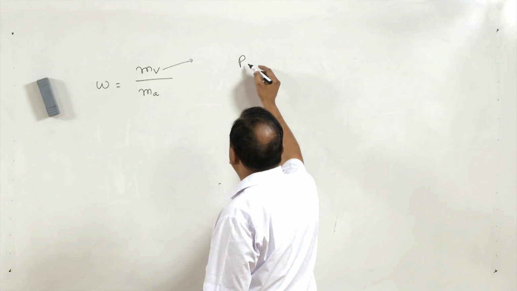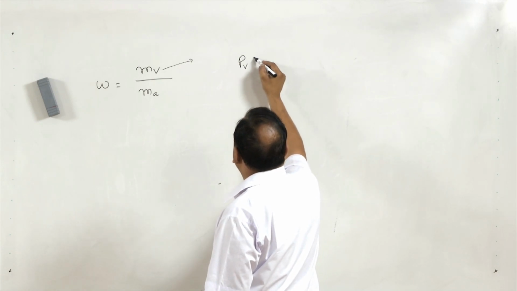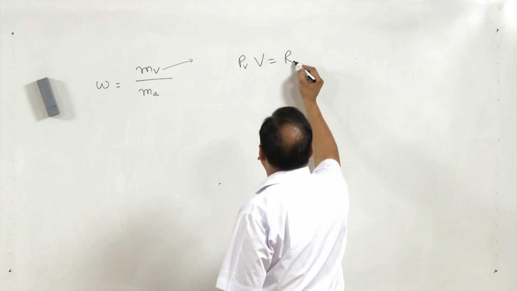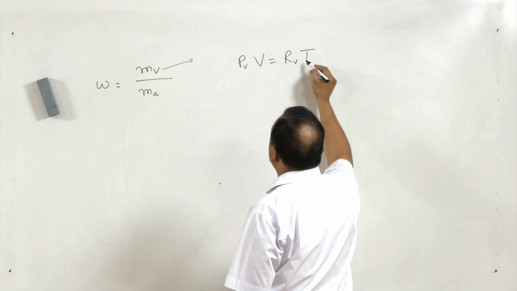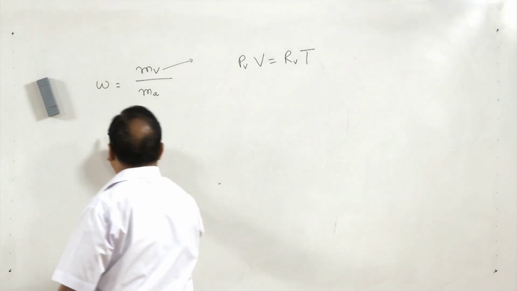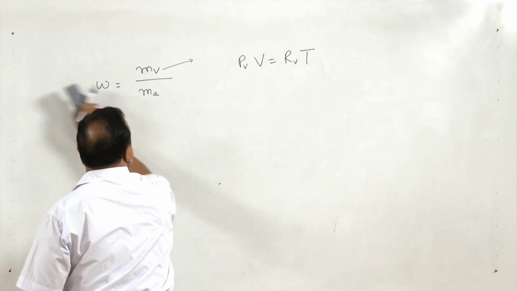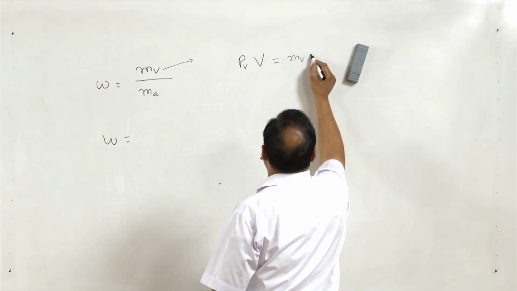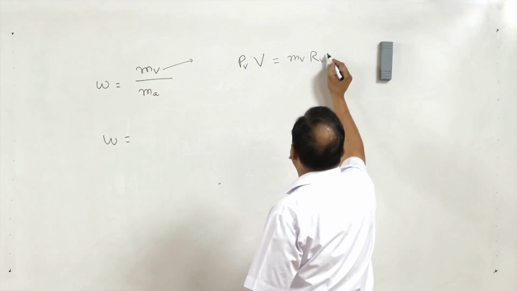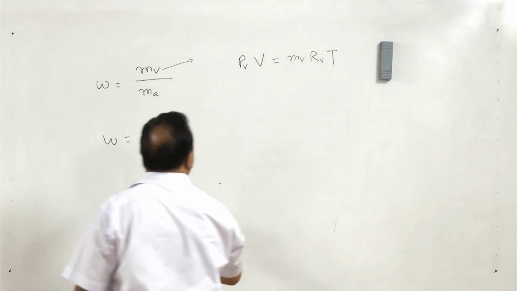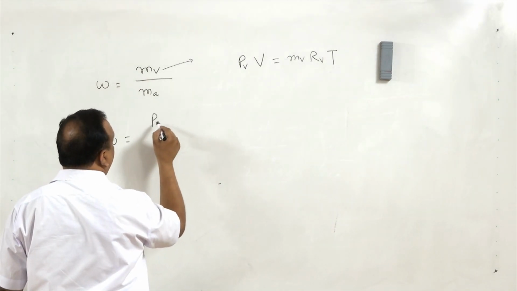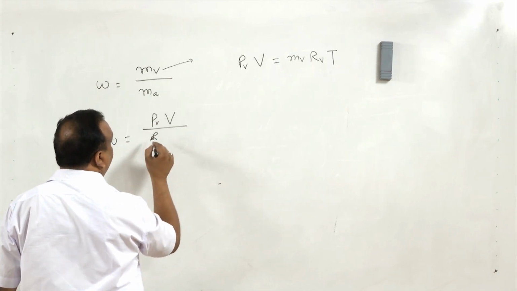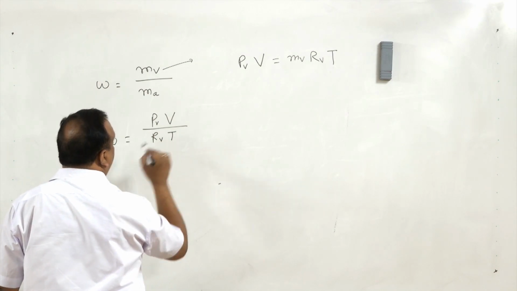So, PV is equal to mRT. Temperature is same in both the cases. So, W is equal to mv over ma, and mv we can always take as Pv, the partial pressure of the vapor, multiplied by volume, divided by gas constant for vapor multiplied by temperature of vapor.